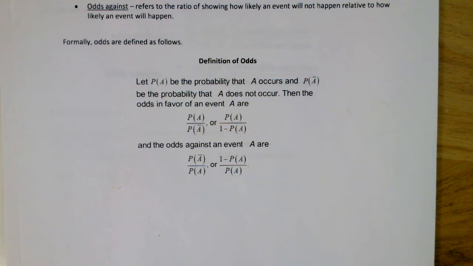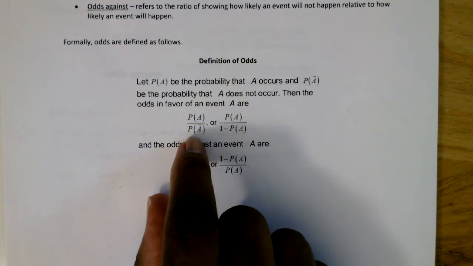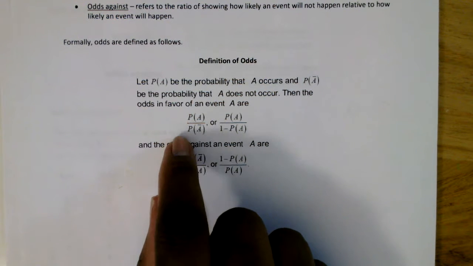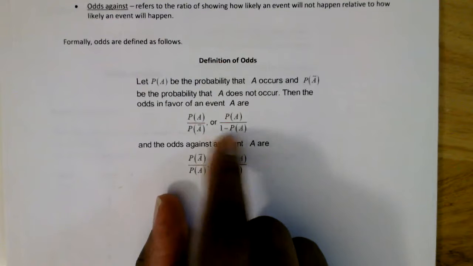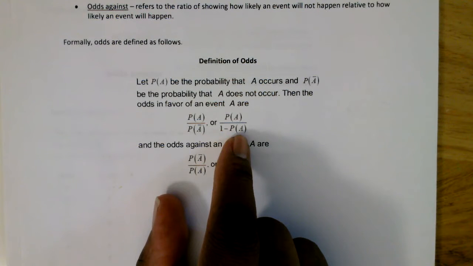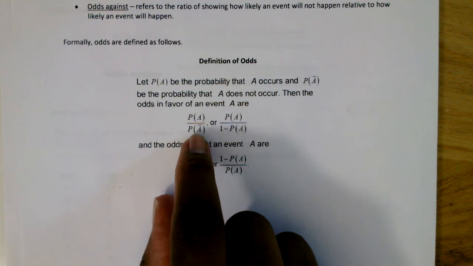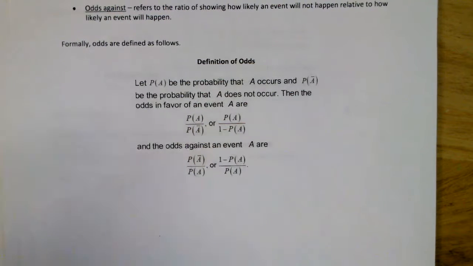Then the odds in favor of an event will be this: the probability of event A divided by the probability of A complement. Or, since the probability of the complement of event A is 1 minus the probability that A occurs, the probability of event A divided by the probability of A complement would be the probability of event A divided by 1 minus the probability of event A.